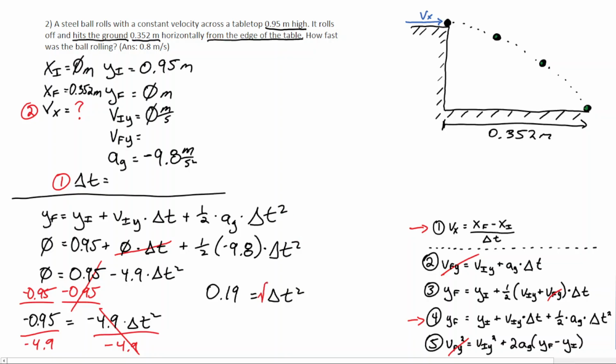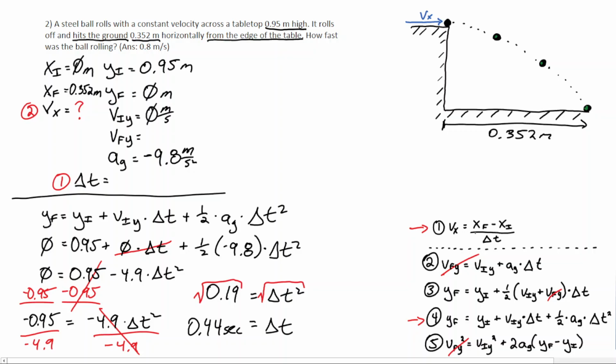That happens a lot. So just make sure that you're keeping track of your squared, and you'll see that delta t is equal to 0.44 seconds. Once again, this is not the quantity that we care about, but we do need it in order to solve for Vx.